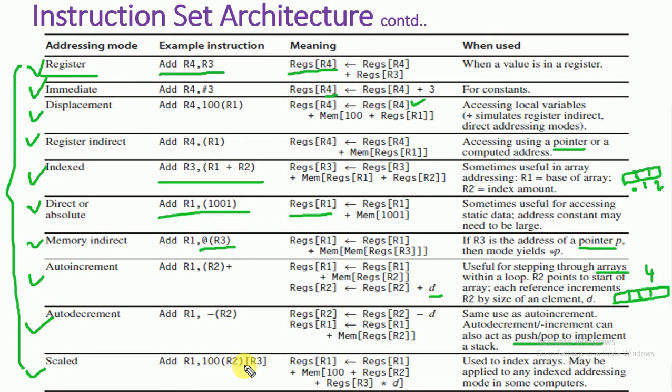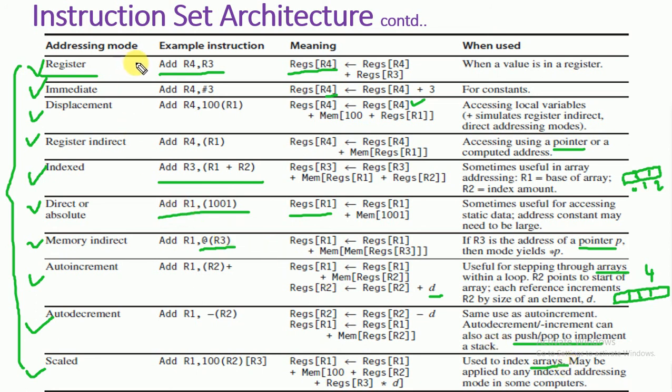That value will be added with the content of R3, then it will be multiplied with the value D, which is the size of the type of the array. So this is called the scaled indexed addressing mode.